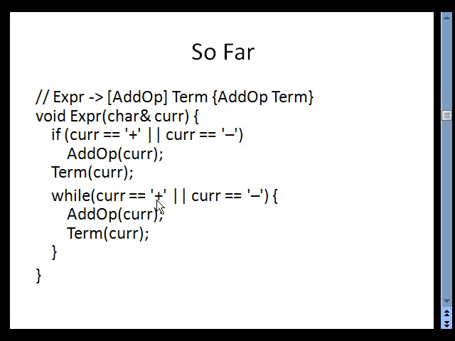So while the current is a plus or a minus, we're going to call AddOp, call term, and then check again. Do we still have a plus or a minus? That means there's another term coming up. So we call AddOp, we call term, and we check again. And when there are no more addition operators in the string that the user typed, this loop here will quit, and that will be the end of expression.